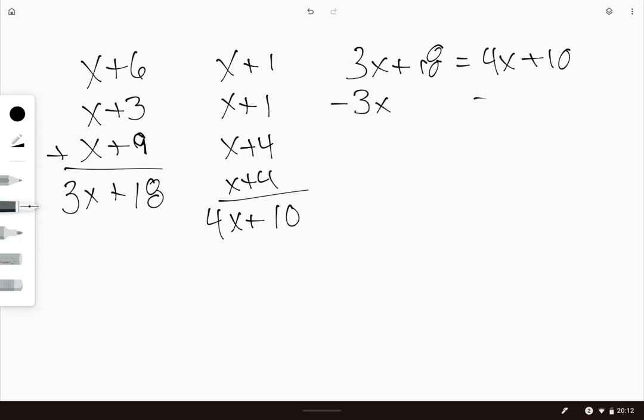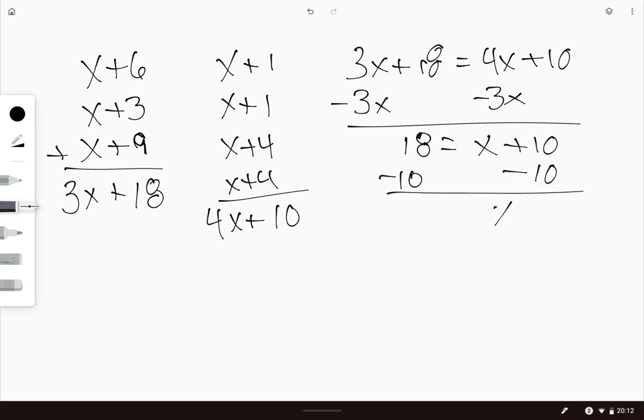So all I do here is move my smaller variable to the larger. So the value for x that will make both perimeters the same is x equals 8, or the value of 8. Now the rest of the problem says to solve for the perimeter. Since both of these perimeters are the same at x equals 8, all I need to do is substitute 8 into one of the expressions.